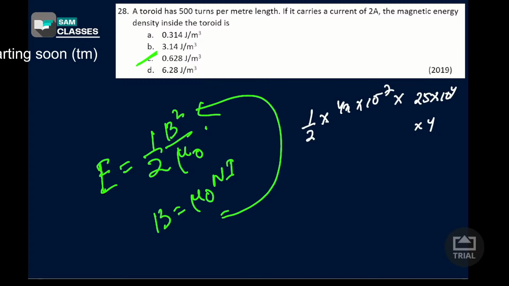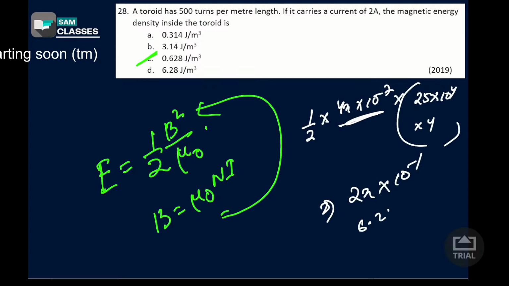So B square we got. So this is basically half into mu naught value into B square. If you solve it, we will get 2 pi into 10 power minus 1. So that will be equal to 6.28 into 10 power minus 1, so 0.628. Clear everyone? Chalo.